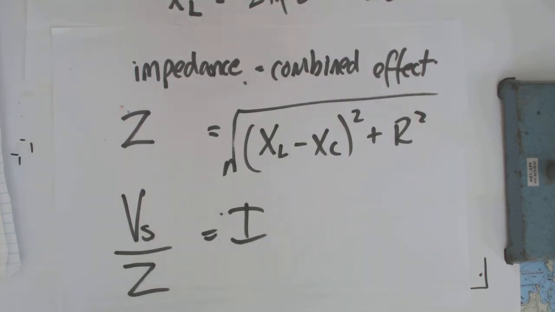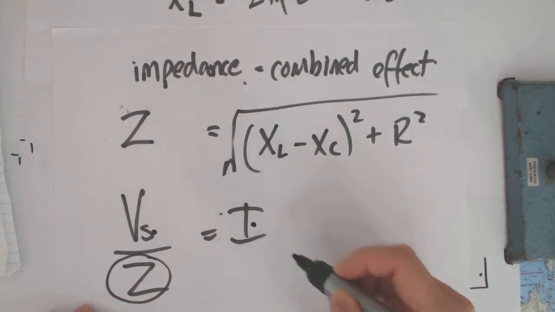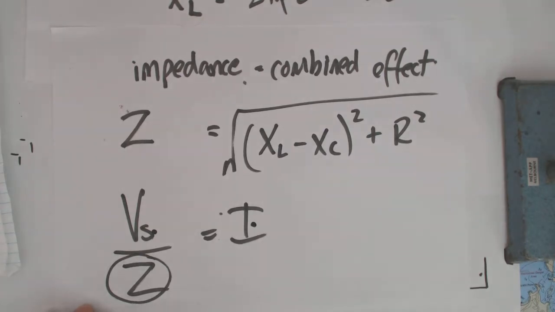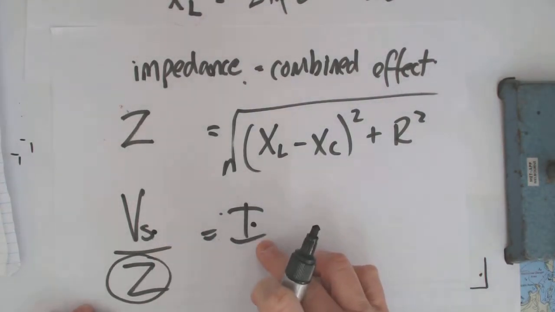What we've got here is Vs divided by Z equals I. Great. But is that an IRMS or is that a VRMS? The thing is, Z doesn't depend on an RMS or a peak value. If you use peak, you're going to get peak current. If you use RMS, you're going to get an RMS current.